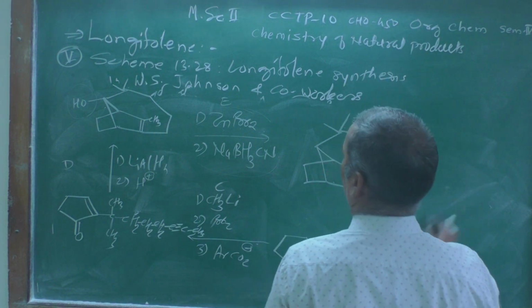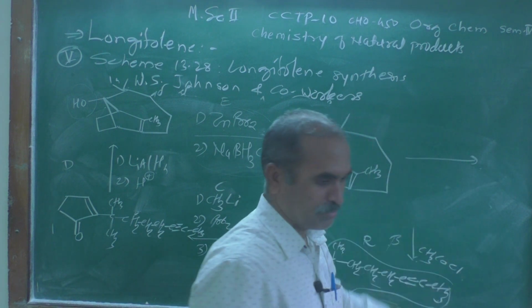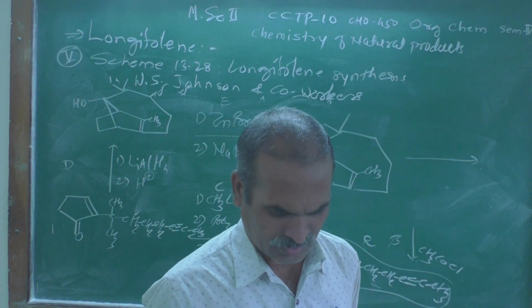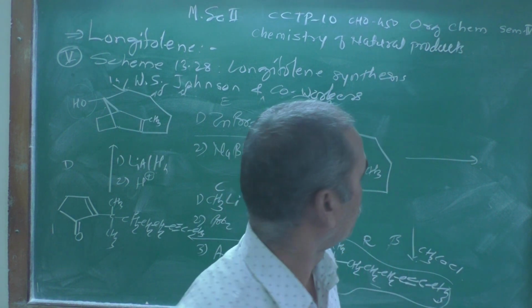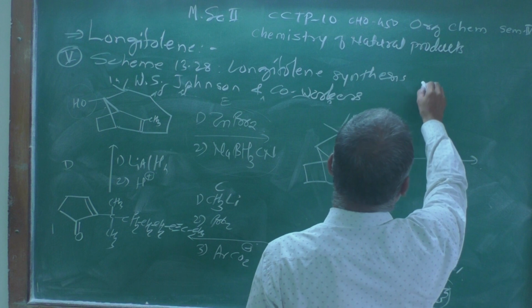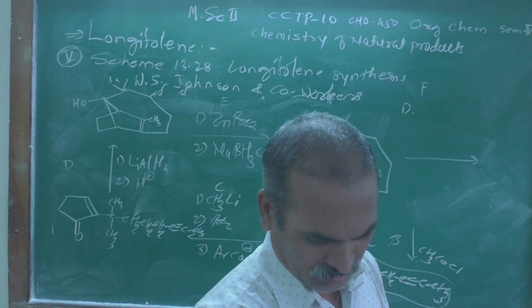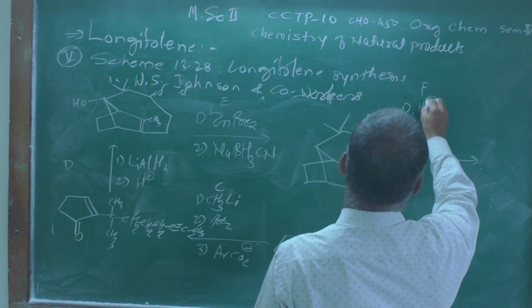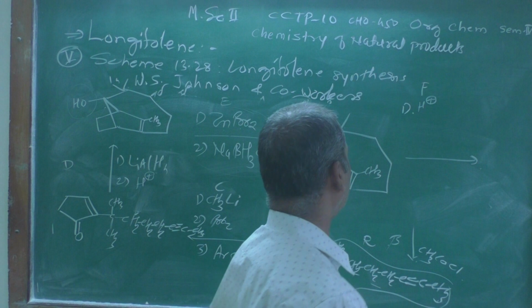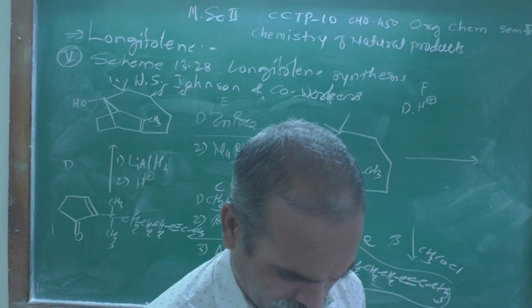And after that, when this compound is further treated with the F reagent, the first one will be acid treatment over here, so that a tertiary carbocation is formed.